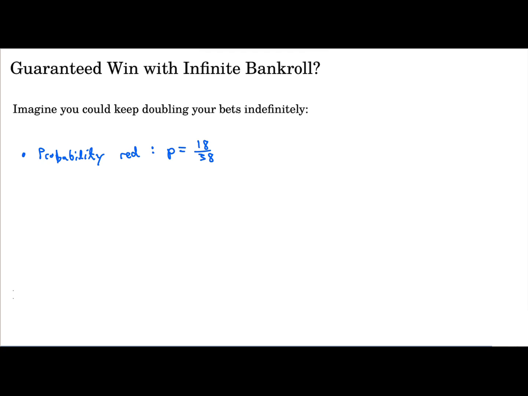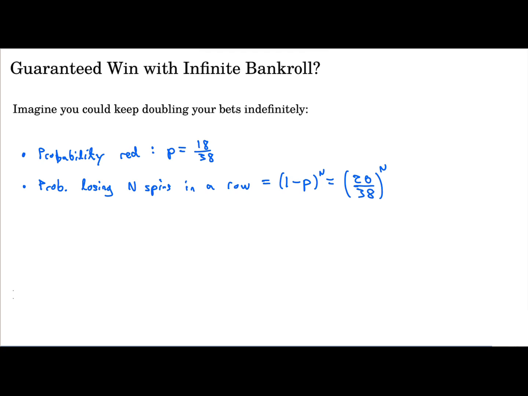Now what's the probability of losing n spins in a row? The probability of losing n spins in a row is going to be (1 minus p) to the power of n. In this case, 1 minus p is 20 over 38, to the power of n.